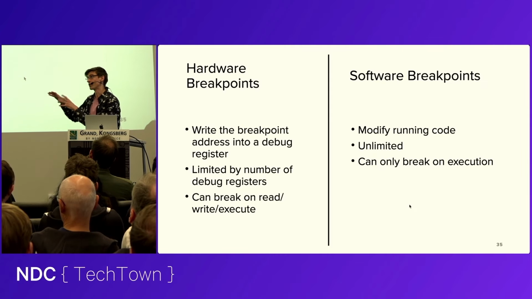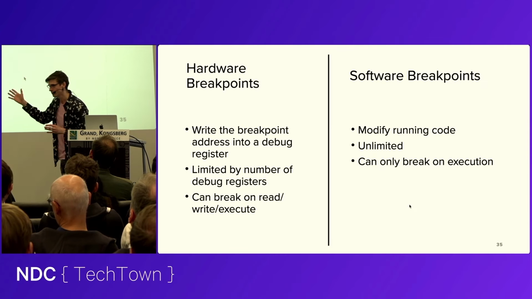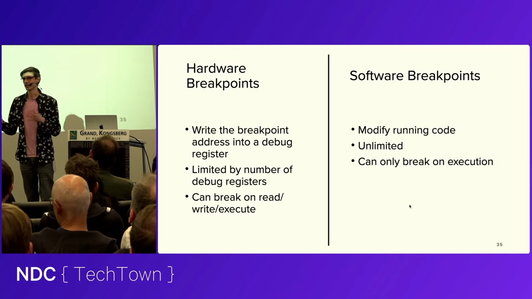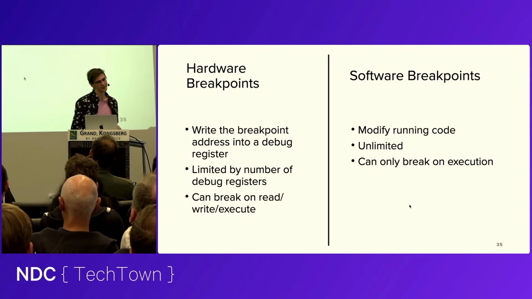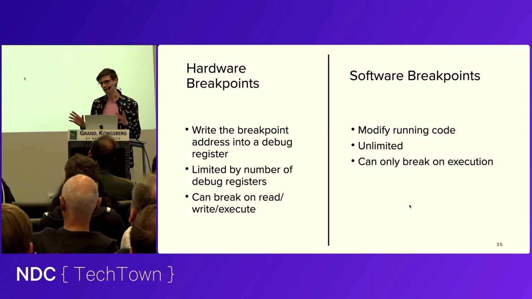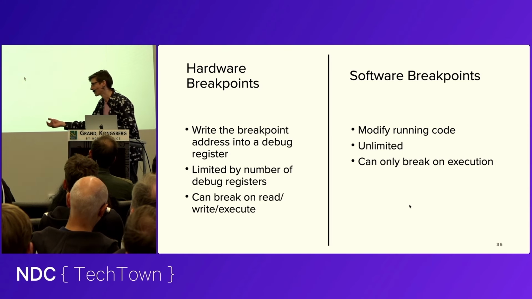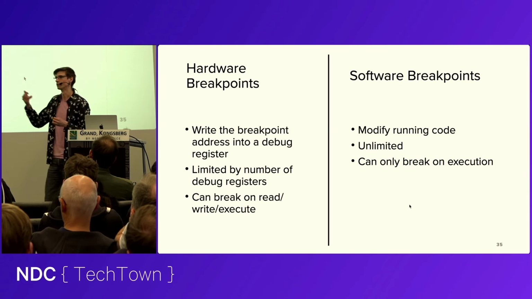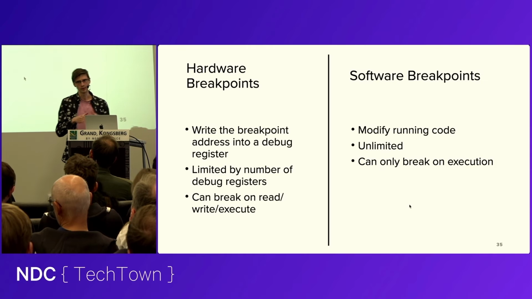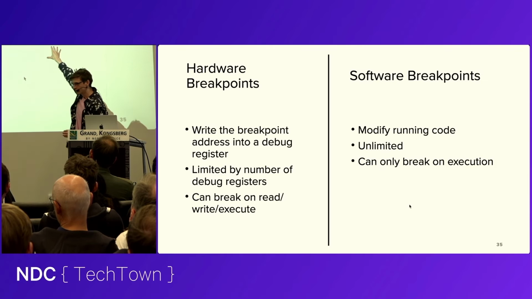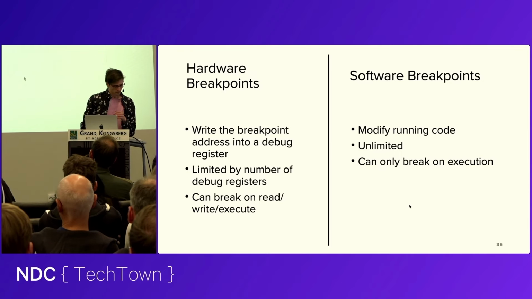With specific hardware registers, we only have a few of them. On x64, for example, we have exactly 4, which is not very many. But they are pretty powerful. They can break on not just executing, but also reading or writing an address. We'll focus on hardware breakpoints in a bit and look at software breakpoints for now.